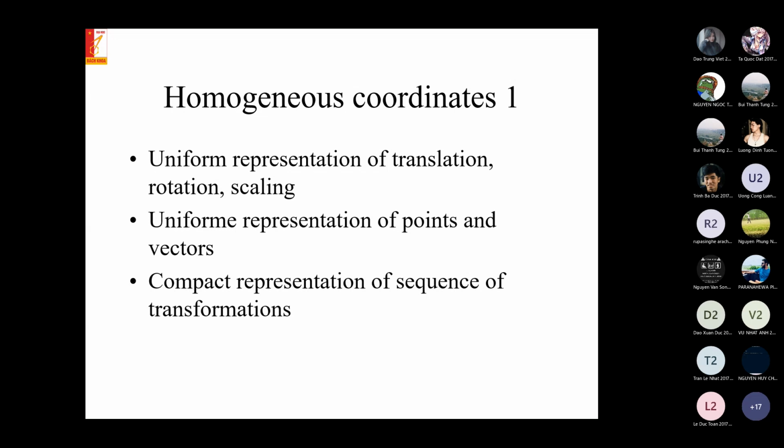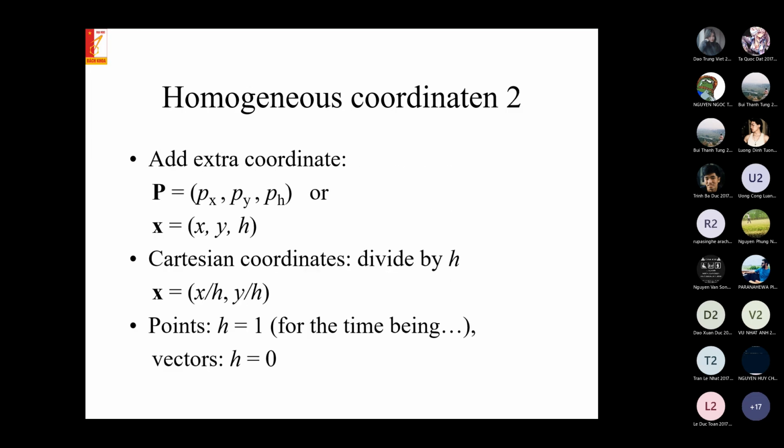We unify the representation of points and vectors, and give a compact representation of a sequence of transformations together. In order to do this, we add an extra coordinate, s.